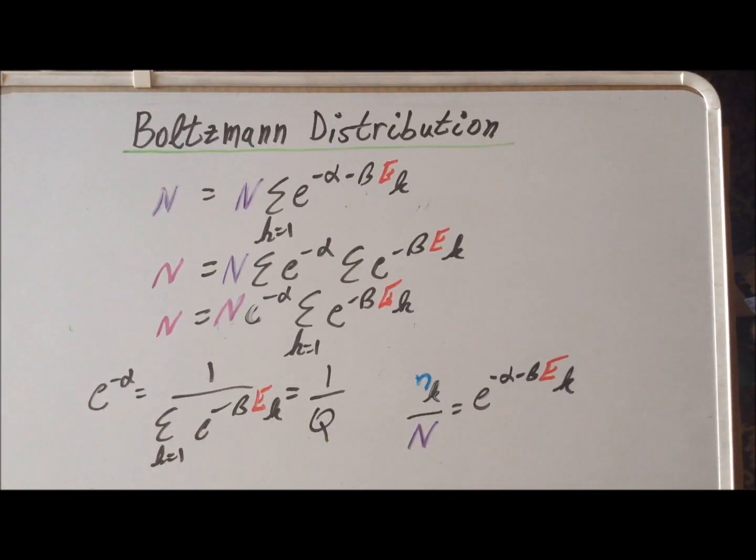And now we're finally ready, after much work, to substitute this expression into the expression we had worked out before for the number of systems of a particular energy out of all the possible systems. So this n sub k divided by big N is the probability that we will have a system with a particular energy E sub k.